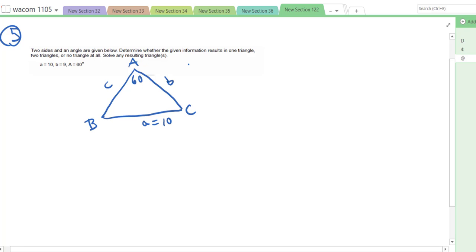This side is 9. And that's all I know. Okay, so it is a side-side angle. That is the ambiguous case. All right, so we'll see what we can figure out.